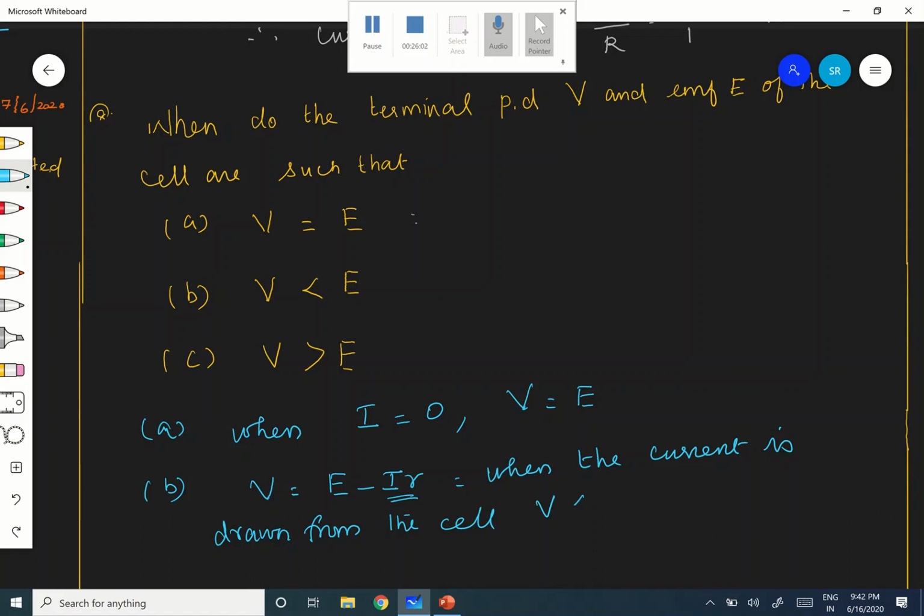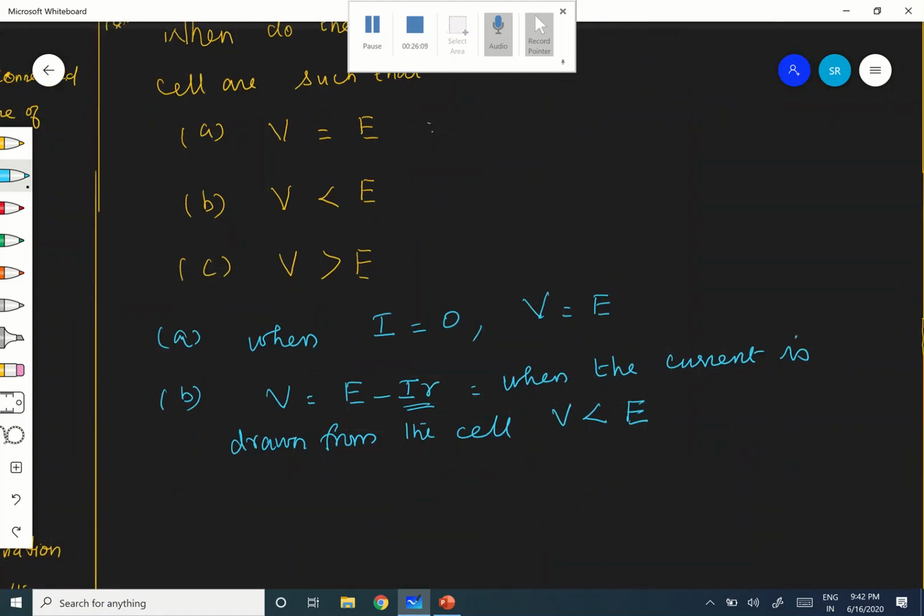Therefore, V will be less than E when the current is drawn from the cell. This two we have already seen. But this is only very important: here V is more than E.